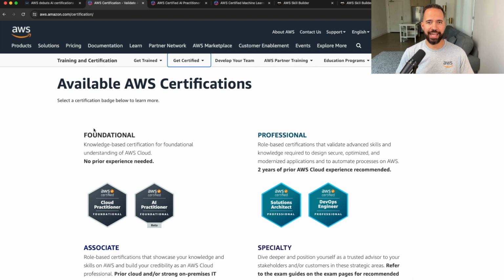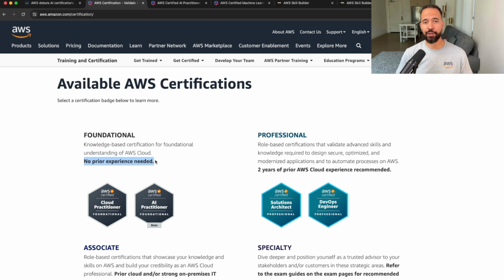What's so exciting about the AI Practitioner is that it is the first additional foundational certification since the inception of Cloud Practitioner.